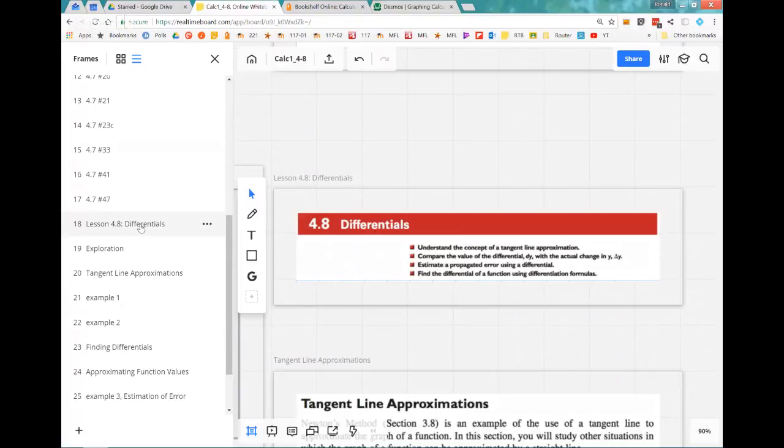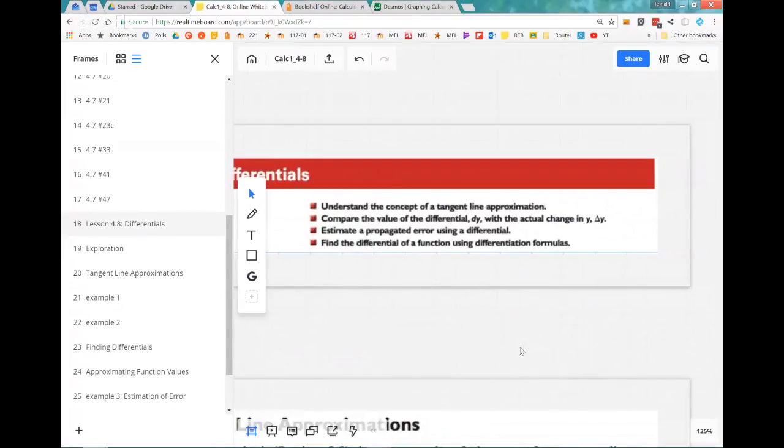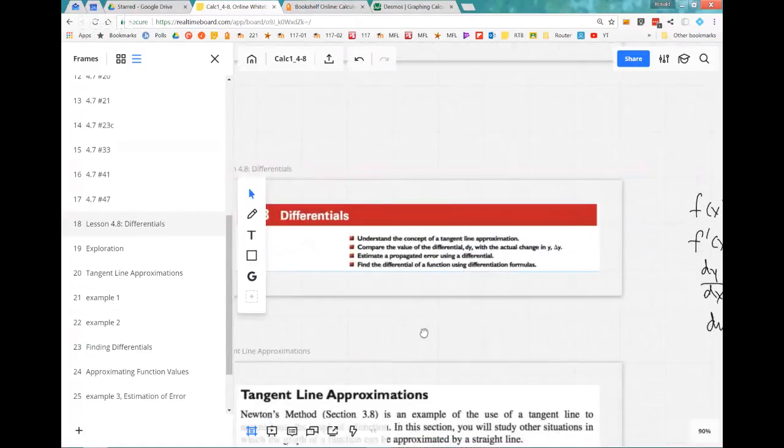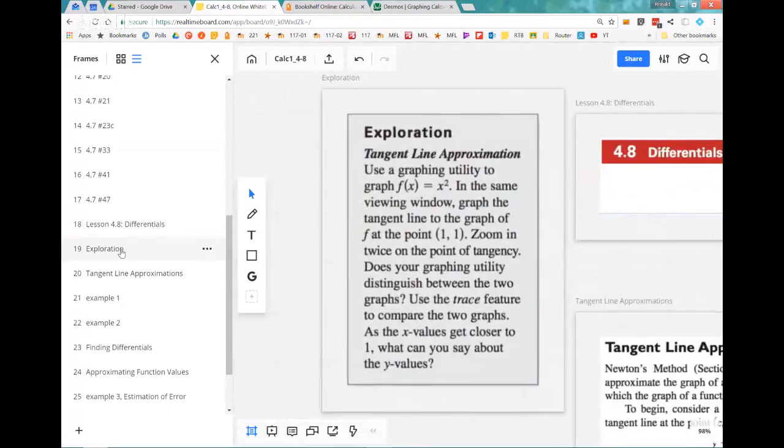Okay, so you can see the objectives here. Understand the concept. We all know what a tangent line is, and we're going to compare. That's not going to make a lot of sense until we dive into it. The book encourages us to first do an exploration.